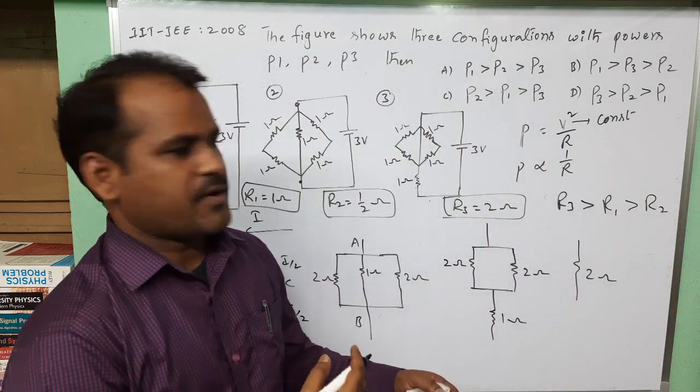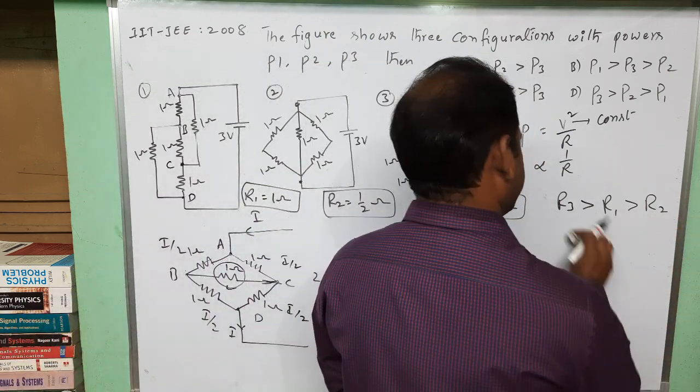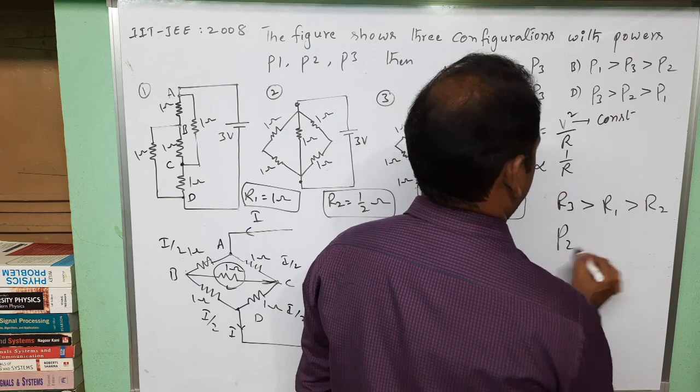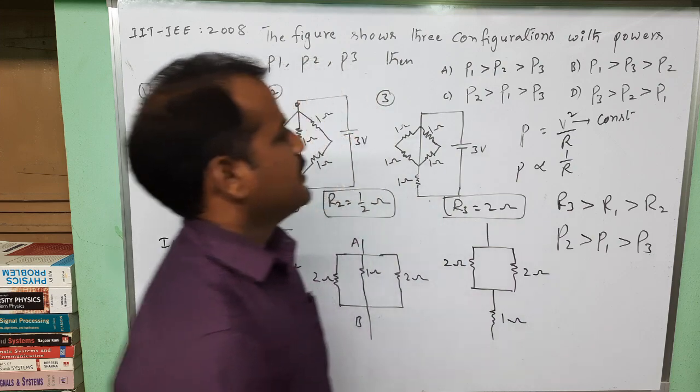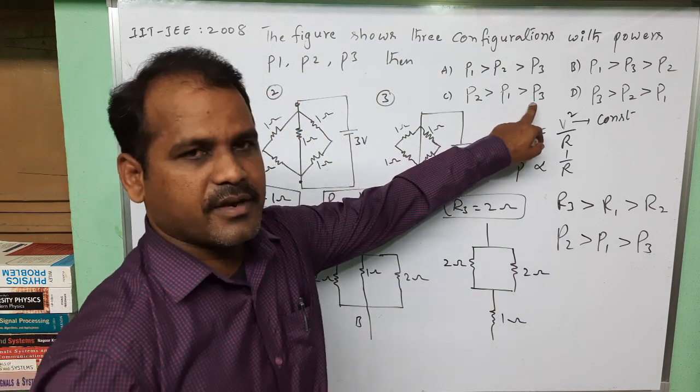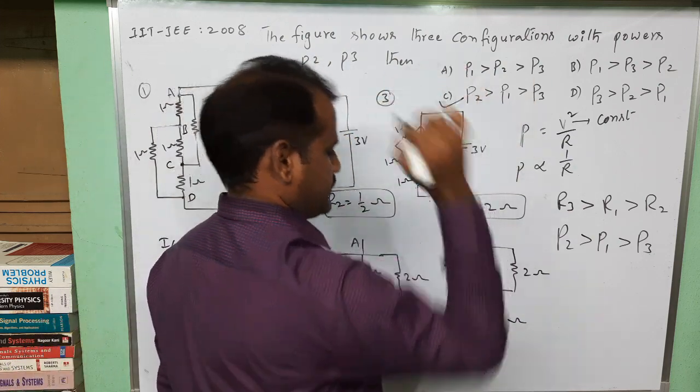The reverse order is for the power order. That means P2 is greater than P1, which is greater than P3. Option C is the right one for this question.